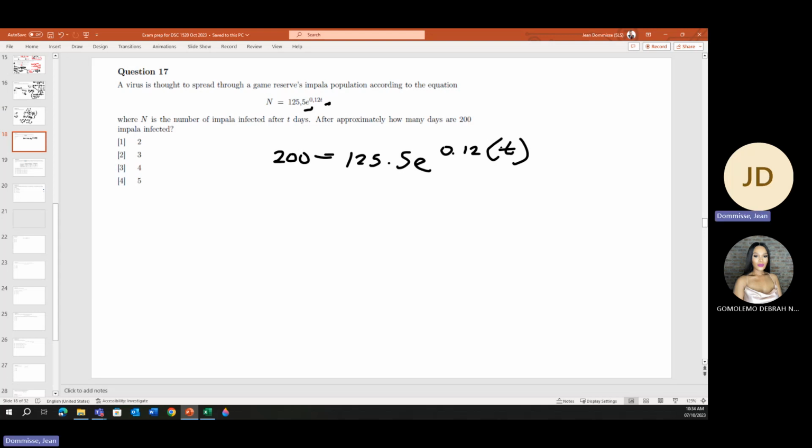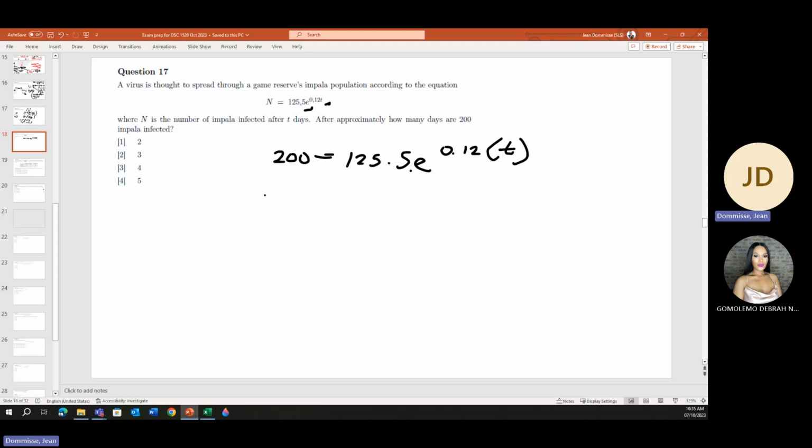Okay, so when we need to solve for t, let's start simplifying this, and then we will be at a point where we have e to the power of 0.12t, where we will need to simplify that with a log function.